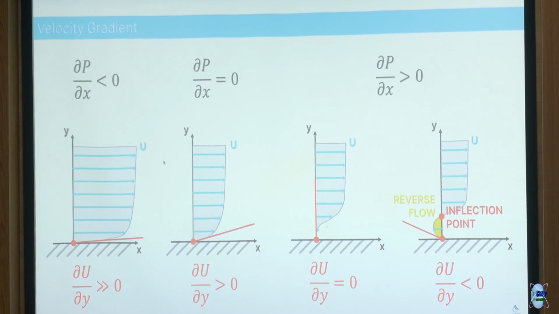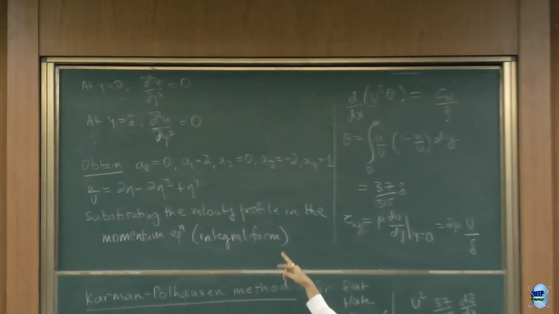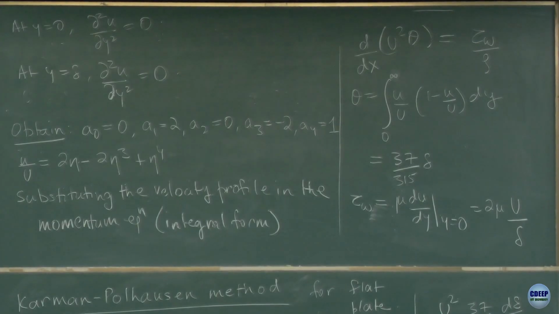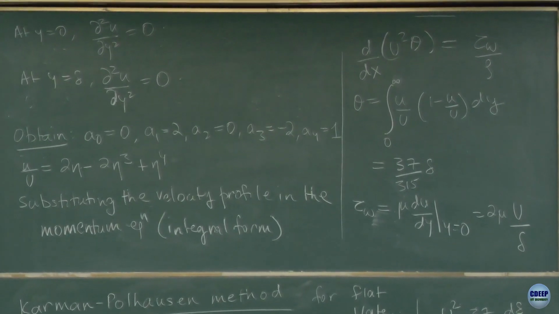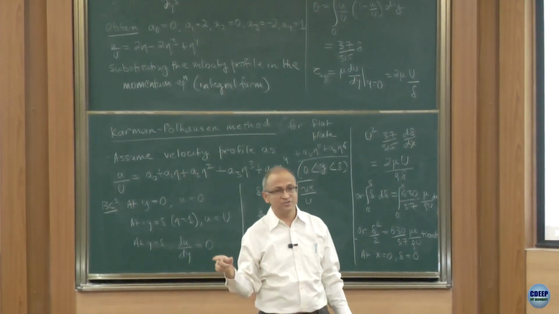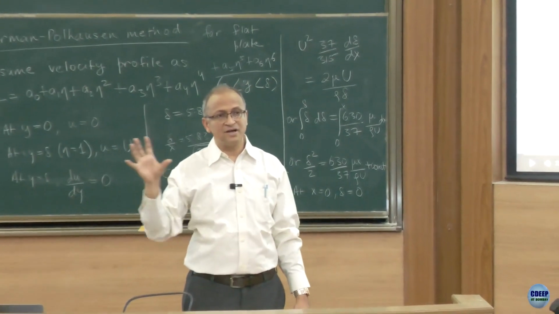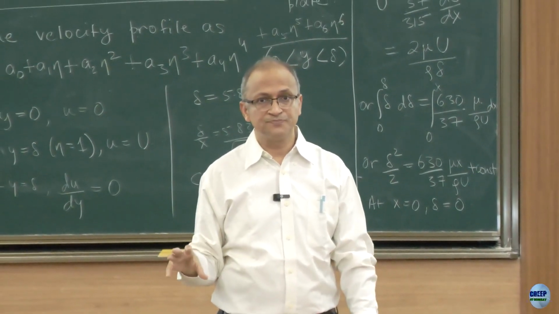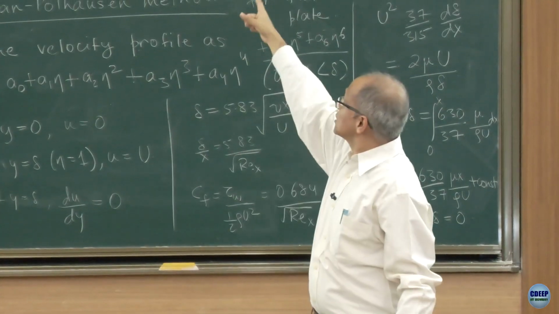So there we said that if we want to look at why the second derivative of velocity should be 0 at the wall, we go to the momentum equation, and in the momentum equation we set u equal to 0, v equal to 0, and that gives us that the viscous term is 0.